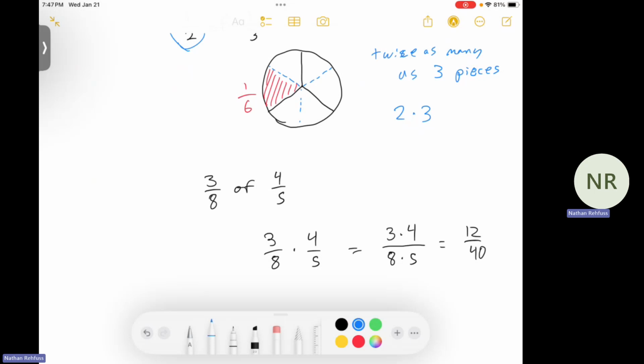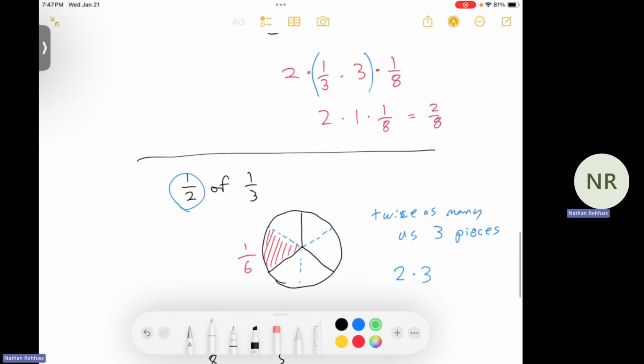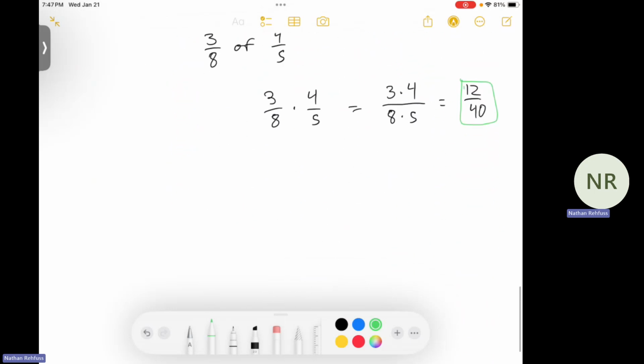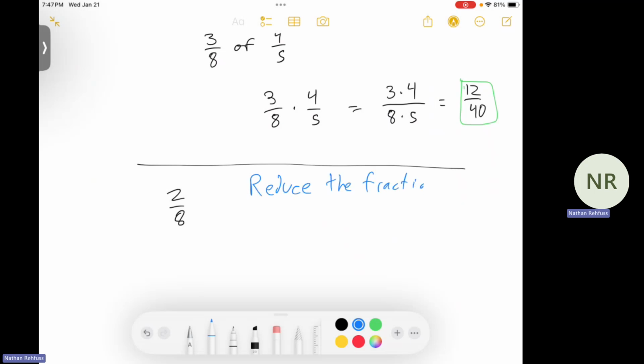Okay, here's the thing. When I get an answer like 12 over 40 or 2 over 8, I am not done. Let's look at this fraction 2 over 8. I need to reduce the fraction.